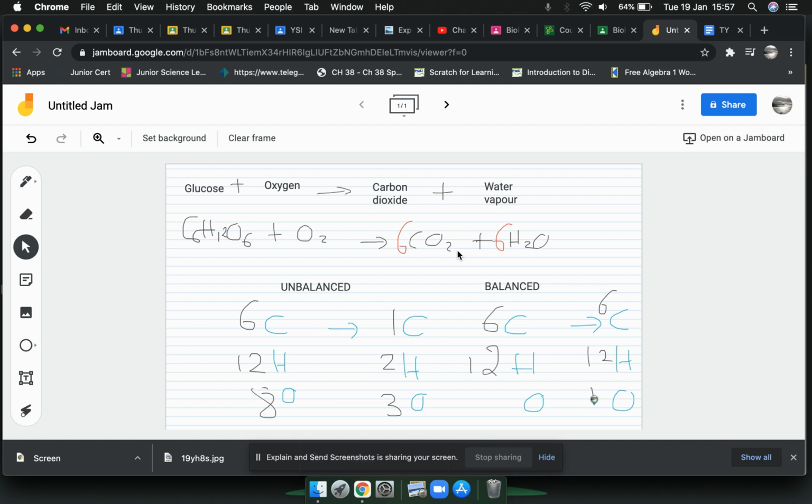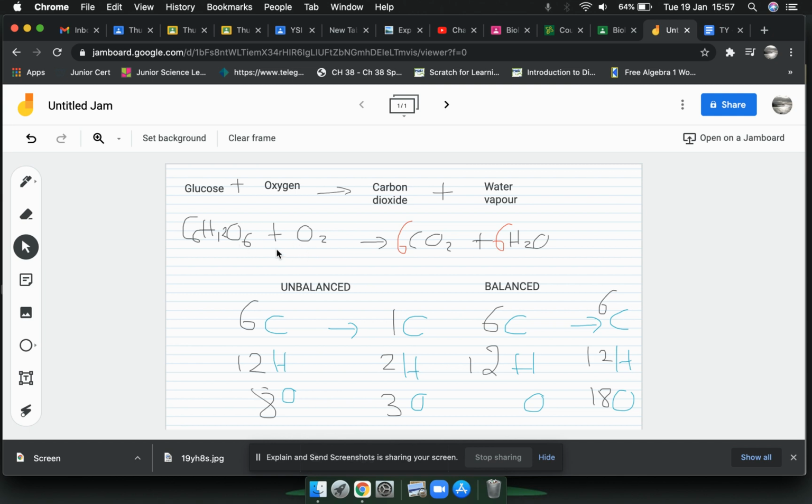Is there any way we can manipulate this so that we also end up with 18 on the left? Well, if you look at it, I have 6 oxygens here. I can't change that right now. But what I could do is make this into a number that might add up to 18. So 6 plus something must add up to 18.